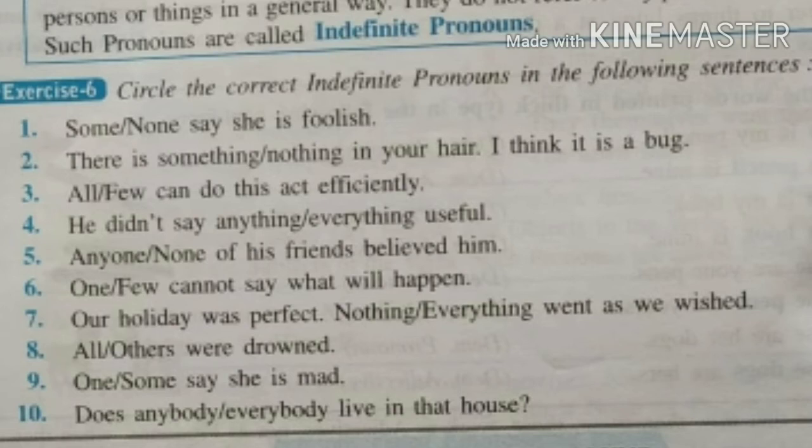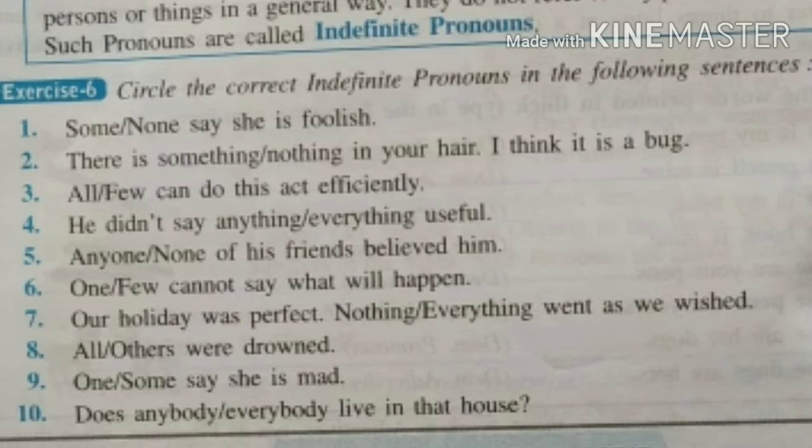Fourth, he didn't say anything or everything useful. Fifth, anyone or none of his friends believed him. Sixth, one or few cannot say what will happen. Seventh, our holidays was perfect. Nothing or everything went as we wished. Eighth, all or others were drowned.